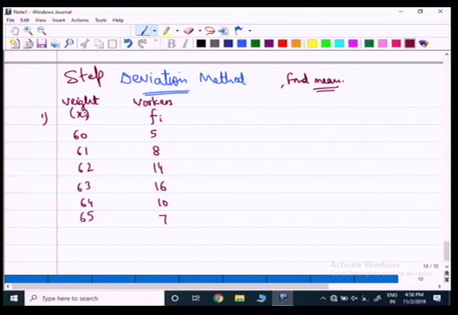Sometimes what happens in step deviation is that after getting the D value, you will not get any common factor by which you can divide. So if you think it is not feasible, you can take the H value as 1 also. We can divide by 1 if it is already in the simplest form.